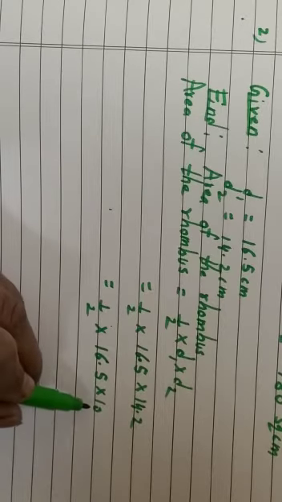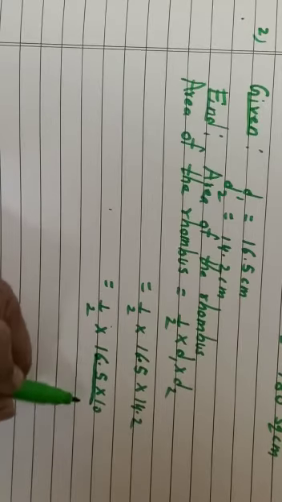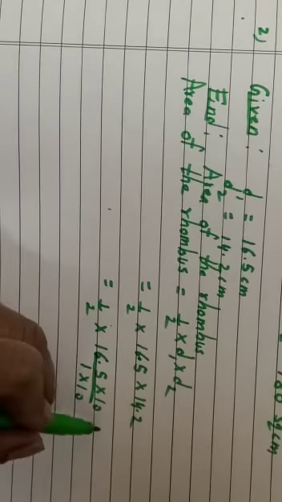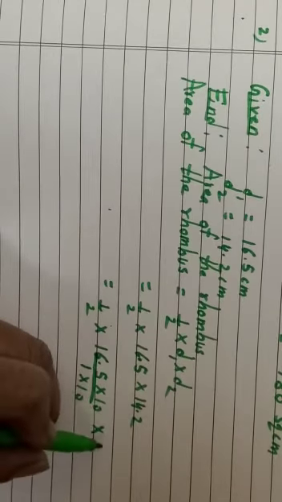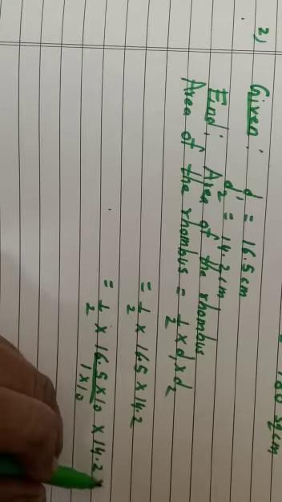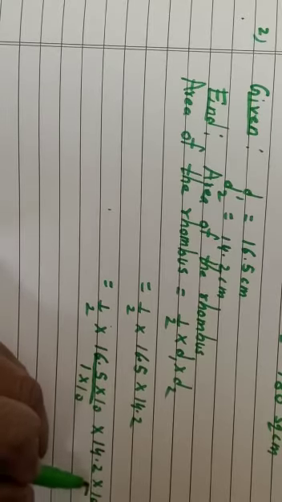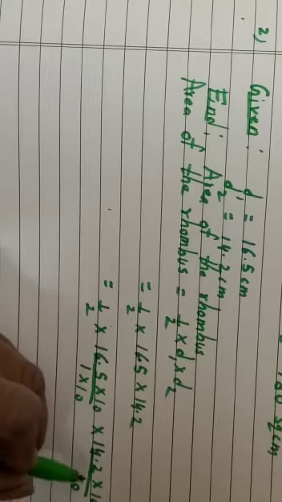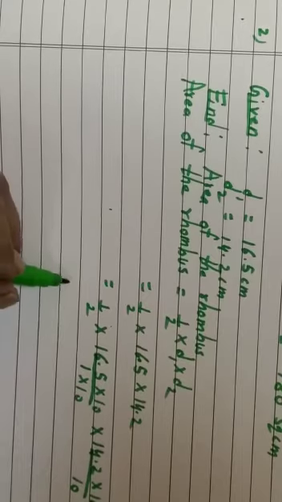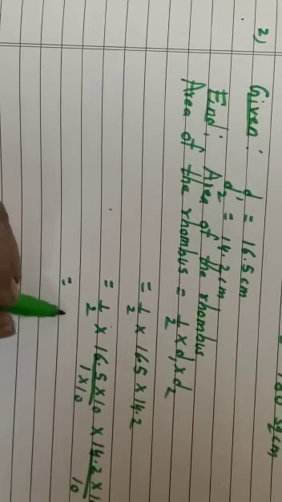If I'm multiplying by 10, I also have to divide by 10. Then 14.2: I'm getting frightened of the decimal point, so I want to remove it, so I multiply by 10 and again also divide by 10. So this and this get cancelled. You are not changing anything.